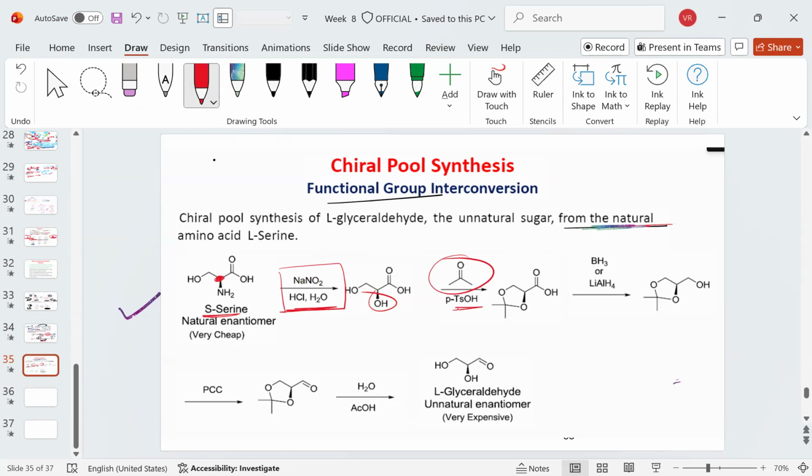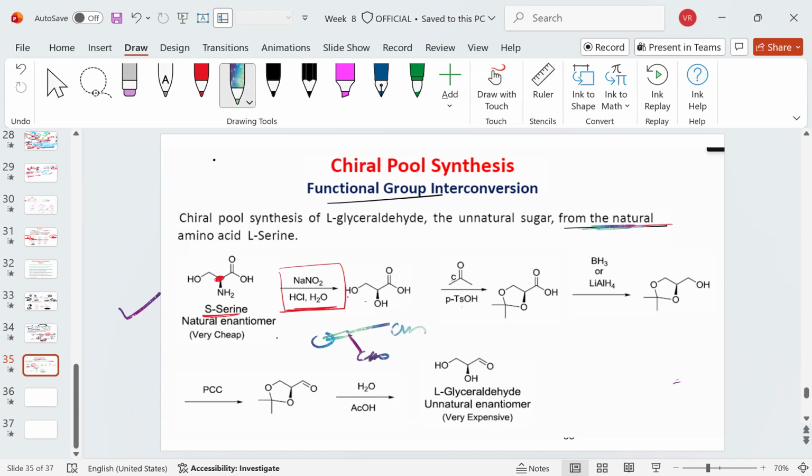diol protection. The catalytic amount of Lewis acid, this is paratoluene sulfonic acid, plus acetone. So we can do the 1,2 protection with the acetone. These two alcohols can react with this ketone. So CH3, CH3, in presence of the catalytic amount of acid.